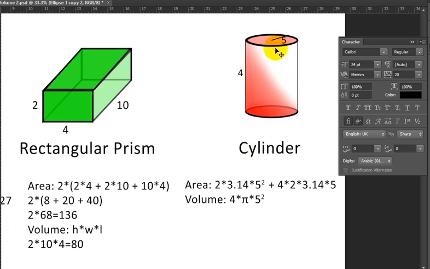Just like before, we need to consider how many bases, how many of these would we need in order to sweep through the entire shape. So that depends on how tall the shape is. If it's taller, we're going to need more, right? Whereas if it's shorter, we're going to need less. So that's why we multiply by the height, to show basically that the entire volume of the shape is what I get if I find the area of one base and then just multiply it by the height of the shape.